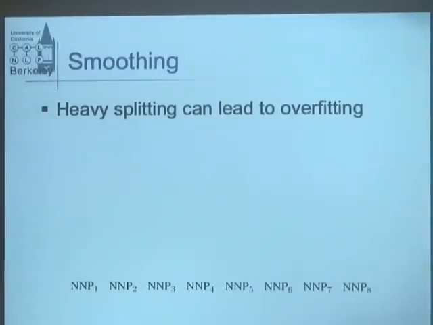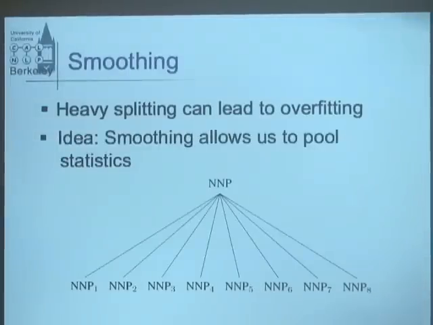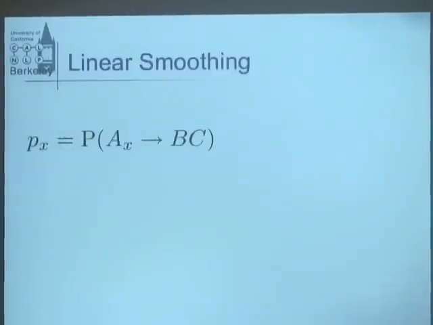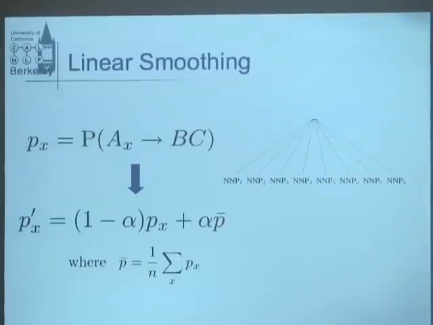There's nothing saying that all these things are proper nouns in the model. So one way of tying them together and sharing statistics is to do what we call parent smoothing, where the parent is now not the parent in the tree, but the unsplit category. We experimented with different ways of doing this, but it turned out that it doesn't matter how you smooth, it's important that you smooth.